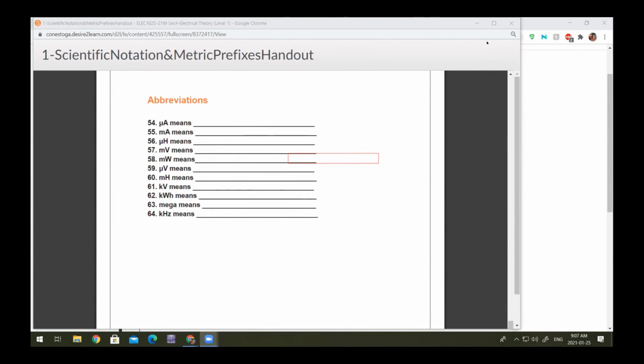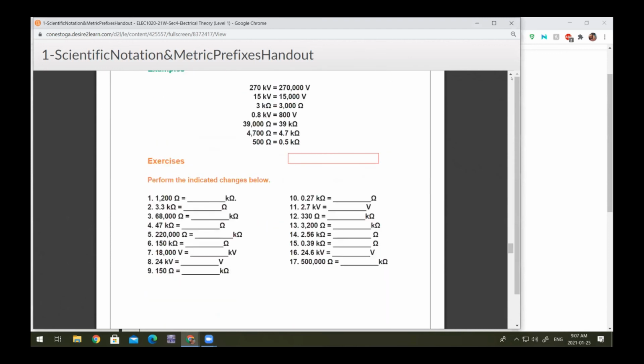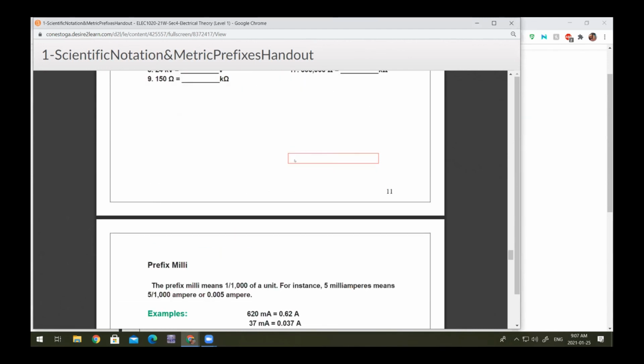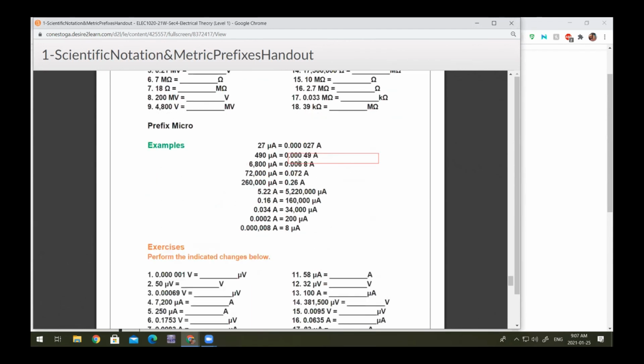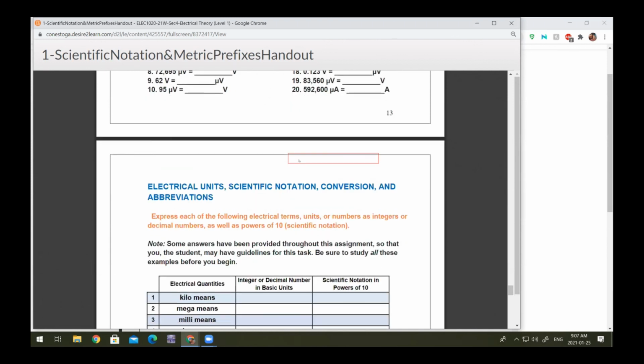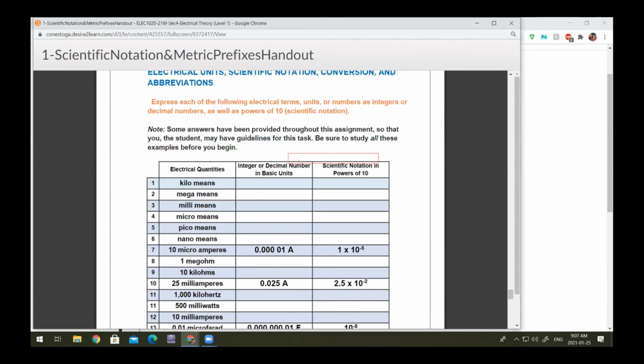So now we'll get into another handout. As I said before, you don't have to do each individual problem, okay?